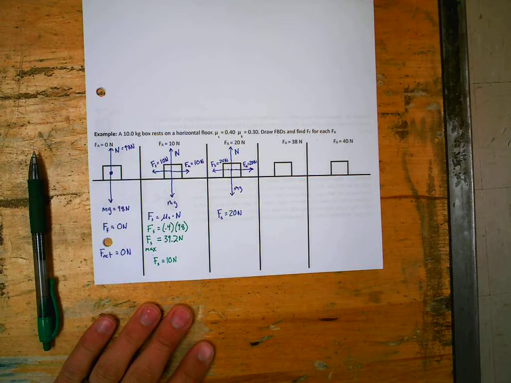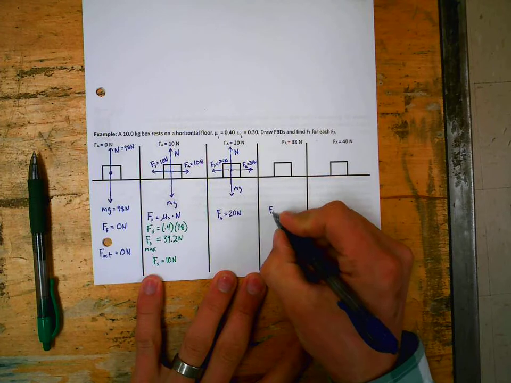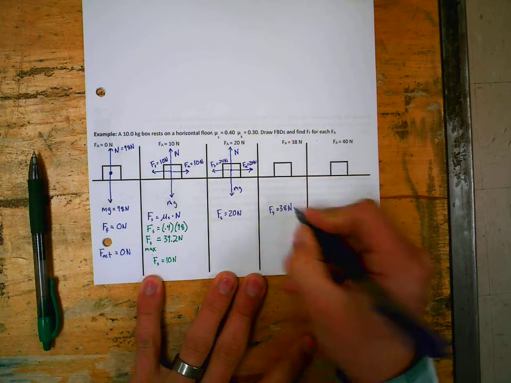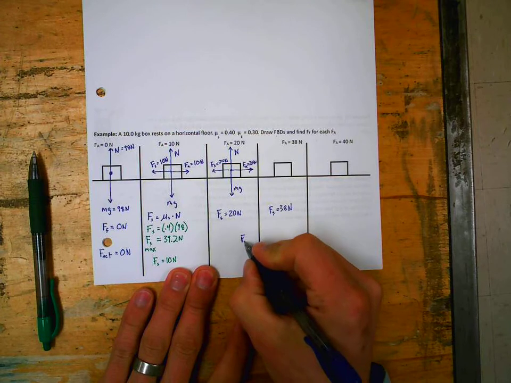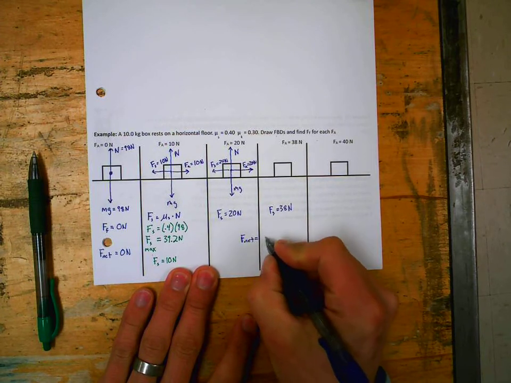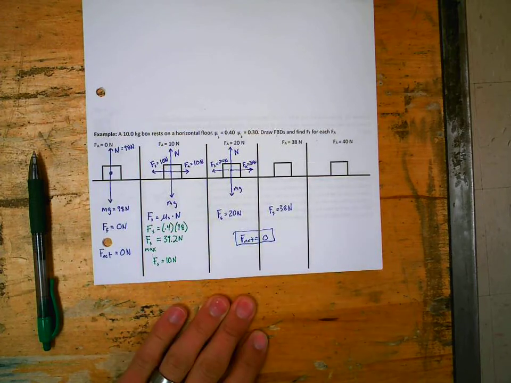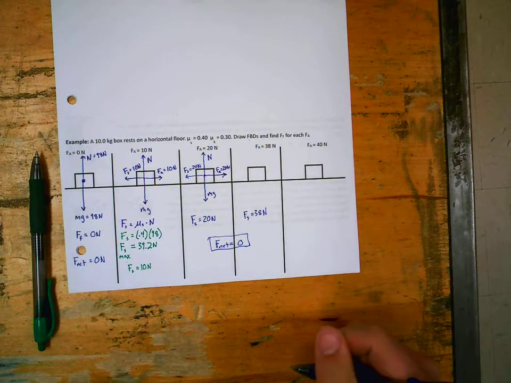Okay. Alright, here we're at 30 newtons, so force static, it's just going to be 30 newtons. We still have not passed our static max. Okay, and F net's 0 for both of these. Okay, now we finally break free of static friction here.